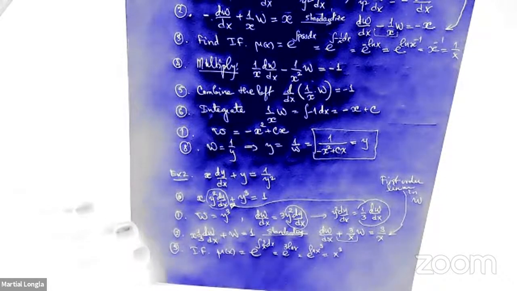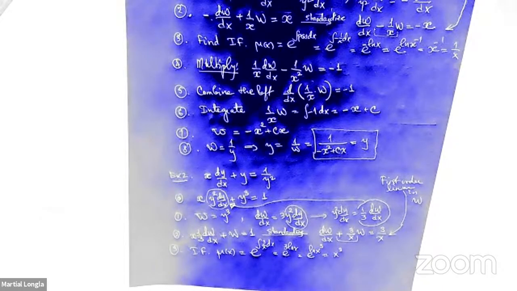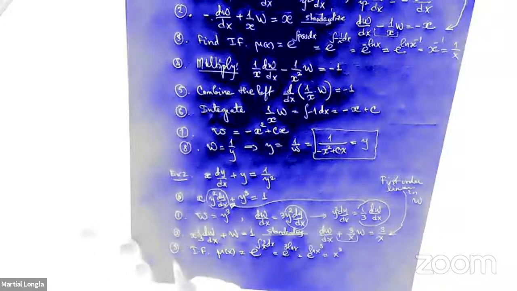That's e to the integral of p of x, which is what is in front of w, that's 3 over x dx. That's e to the 3 natural log of x, and that's e to the, again, 3 comes inside, it becomes ln of x cubed. And e to the ln of x cubed is x cubed. So mu is x cubed.